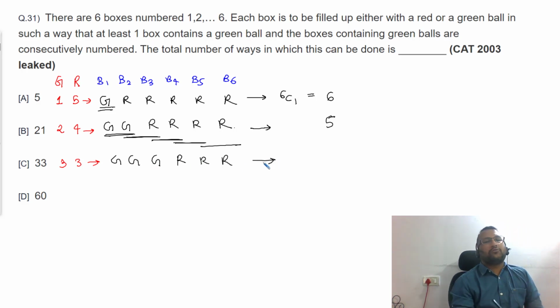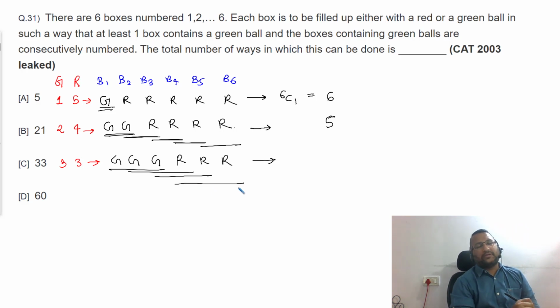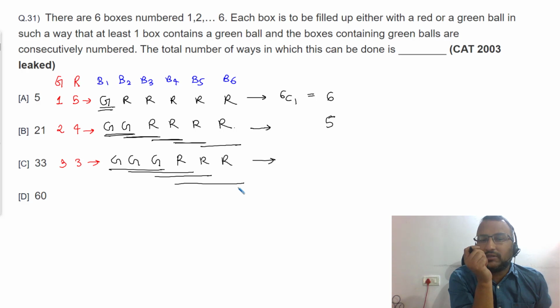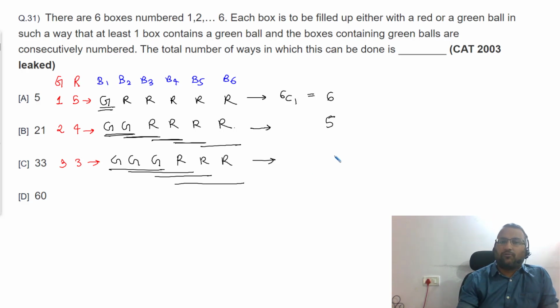So over here we need to choose 3 consecutive boxes. That can be B1 B2 B3, B2 B3 B4, B3 B4 B5, or B4 B5 B6. In how many ways can you choose 3 consecutive boxes out of these 6 boxes? 1, 2, 3, 4 ways. There are 4 ways of doing this.